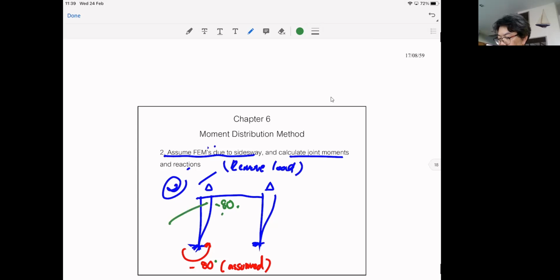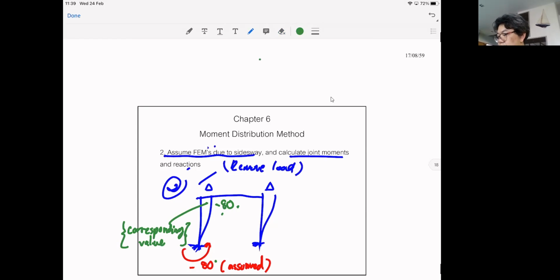It becomes the corresponding value. Because you assume this minus 80, you have to assume this minus 80.